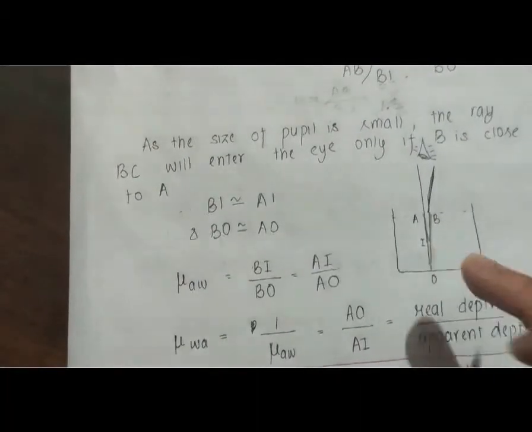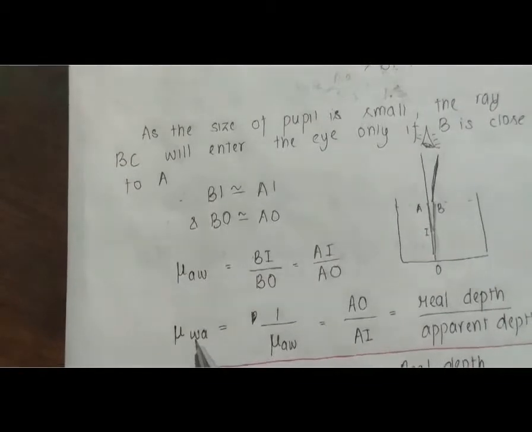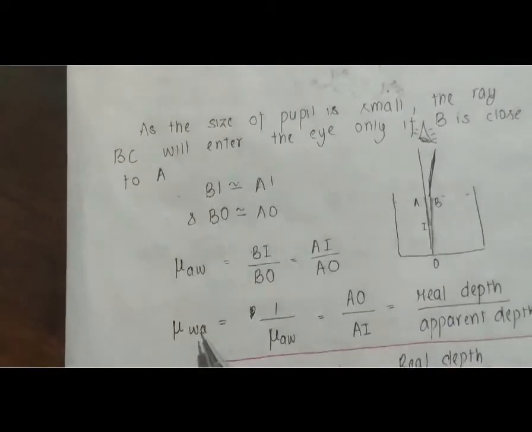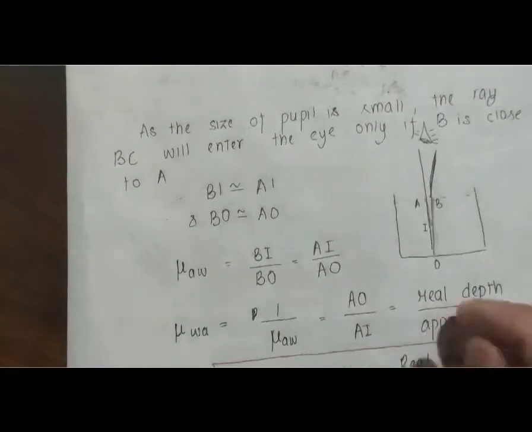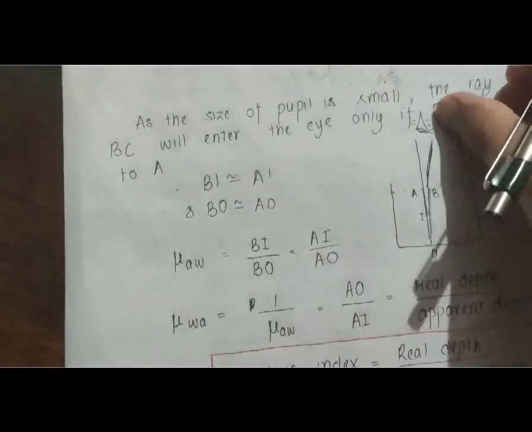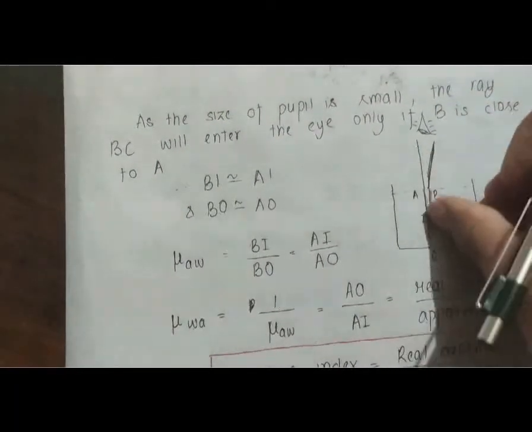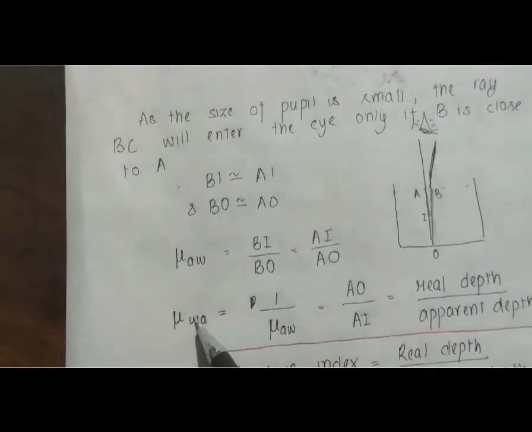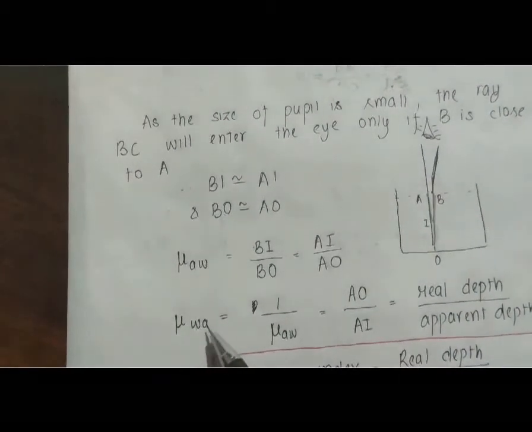So how do you write your refractive index? Refractive index of which medium it is going? Water with respect to air. We won't use the other one because we are not watching from the bottom of the tank, but we are watching from the top, that is from the air. So if it is in air, the light goes in this direction. So water to air will be written as refractive index of water to air.